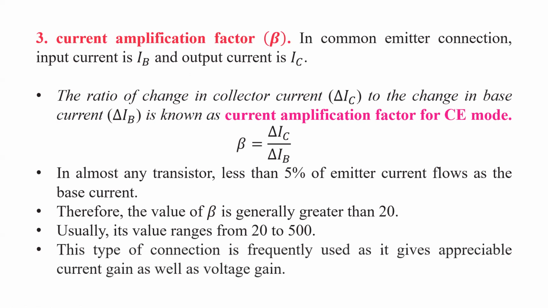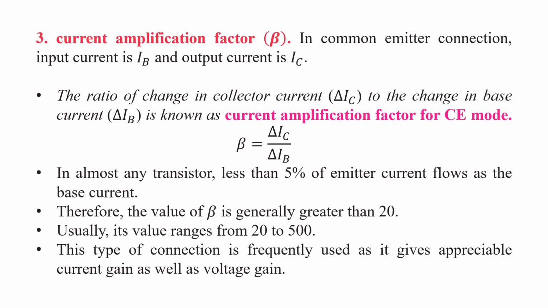This CE connection of the transistor is frequently used in circuits which require more current gain and voltage gain, because in CE mode both current gain and voltage gain are very much greater than 1. So it can increase the current and also amplify the voltage.